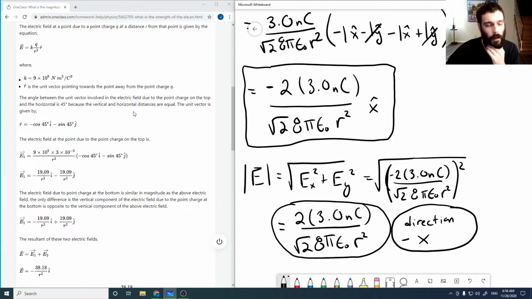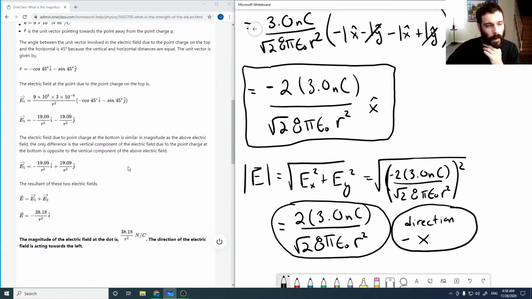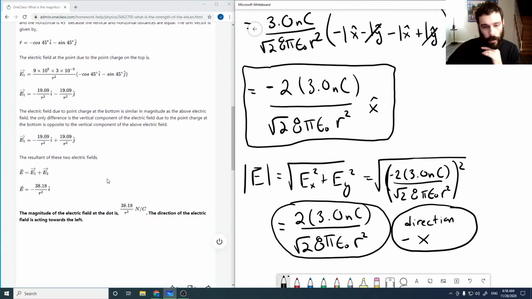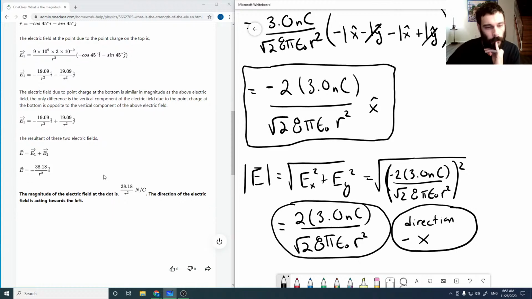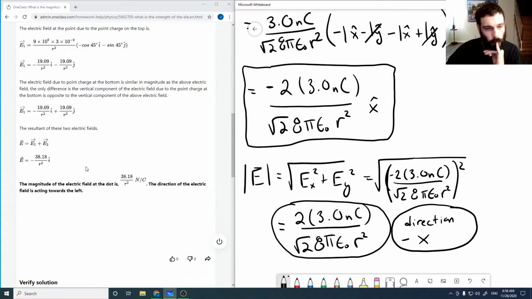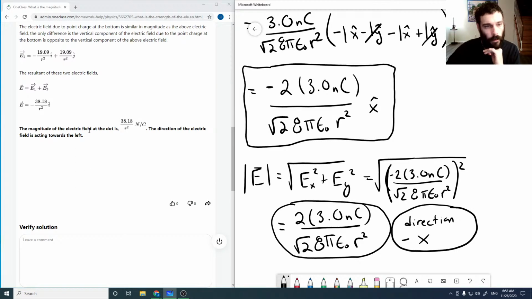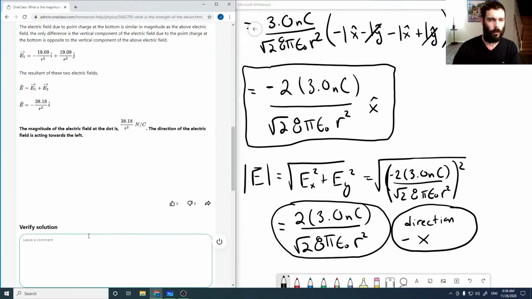Again, that doesn't really matter. And they pulled all the numbers together, but I presume it must come out to be the same. And so the magnitude is a 1 over r squared, and the direction is to minus x, or towards the left. So barring any calculator errors, I would say the solution is correct.